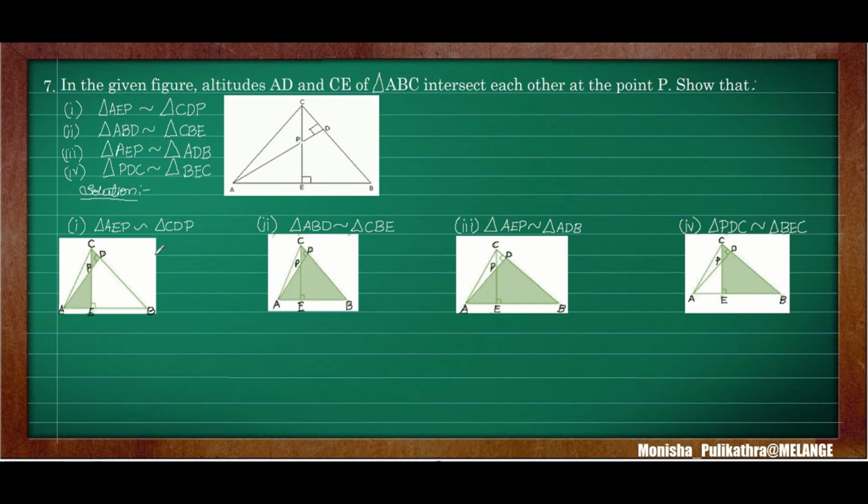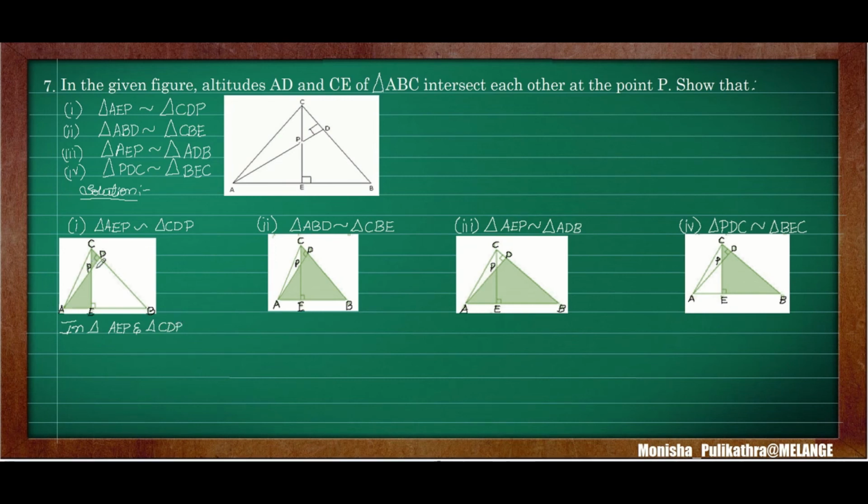I have written four separate triangles in order to understand that, the same triangles according to the question. In the first question, they have given triangle AEP and triangle CDP, so among these two triangles we need to compare.